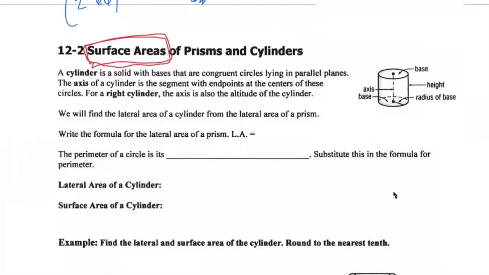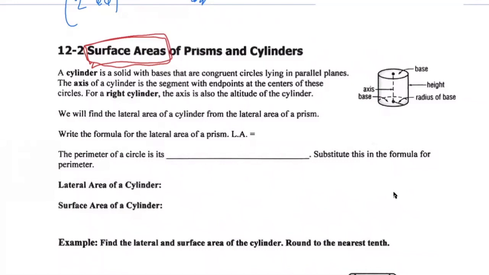A cylinder is a solid with bases that are congruent circles lying in parallel planes. So your 2 circles, okay, those are your bases. The axis of a cylinder is a segment with endpoints at the center. So this here is your axis right in the middle.